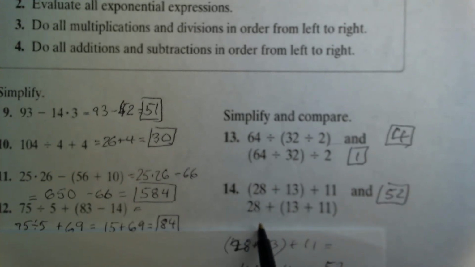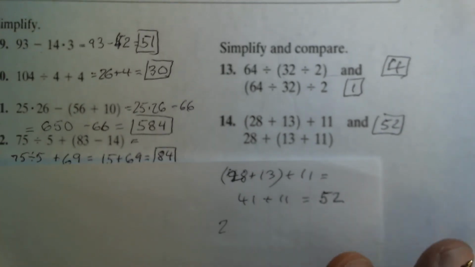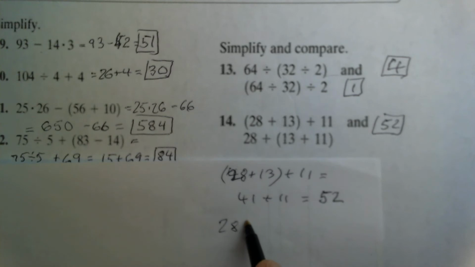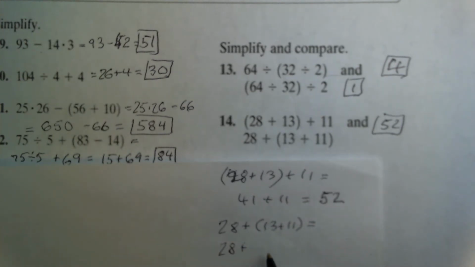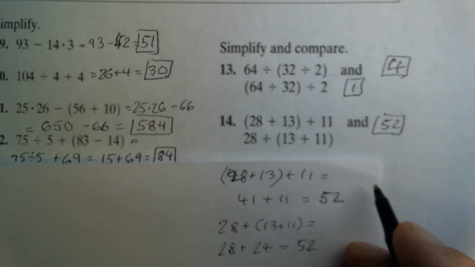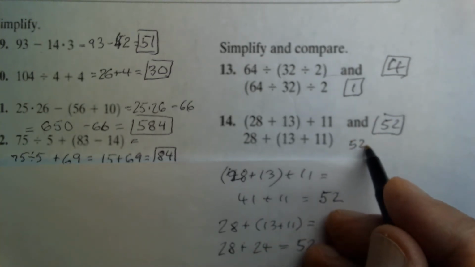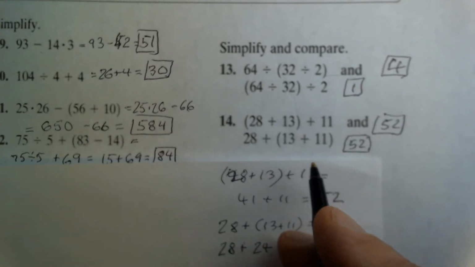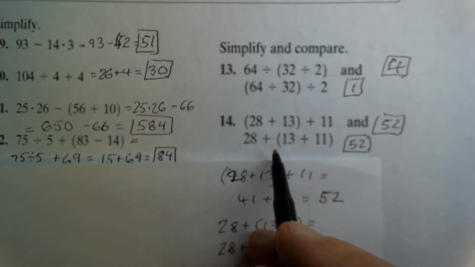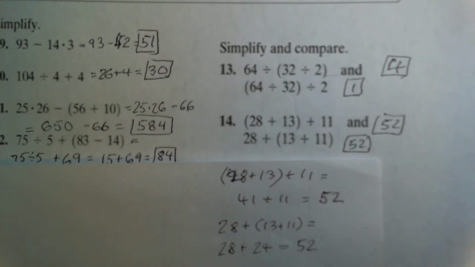When we look at the second part, 28 plus 13 plus 11, then we have 28 plus 24, and 28 plus 24 is equal to 52. So in both cases the answer is 52. Now we knew that all along because we know that addition is associative. We had that before in the previous section.